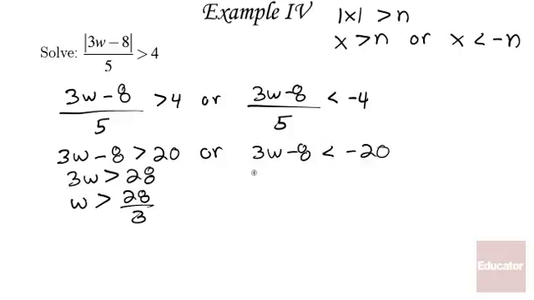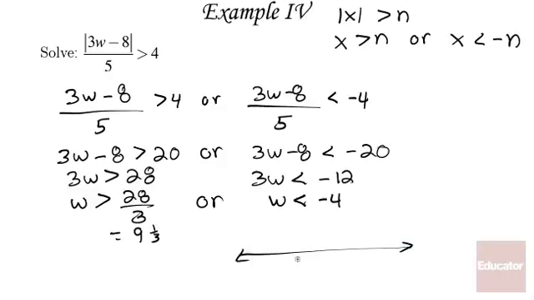Add 8 to both sides. And divide by 3. This is joined by the word or, and 28 over 3 is, I'm going to rewrite that as 9 1/3. So w is greater than 9 1/3, or w is less than -4.